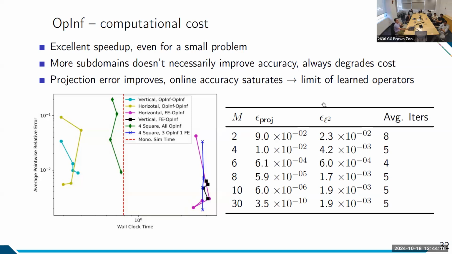What this reveals is an inherent limitation of how much your linear operators can actually reflect the physics of your system. And there's a lot of work being done on how to enhance the accuracy of your learned operators such that you're not limited by these thresholds.